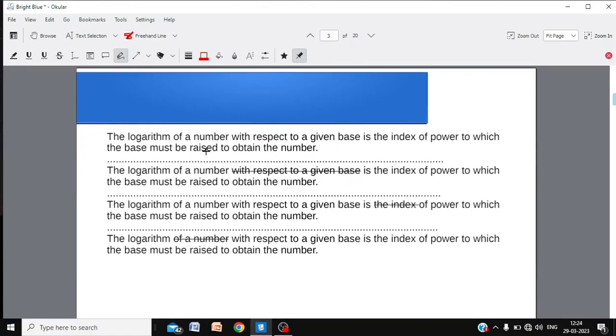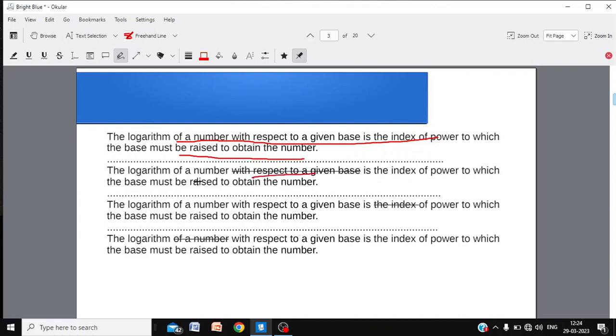For instance, we have given here one example. The logarithm of a number with respect to a given base is the index of power to which the base must be raised to obtain the number. This is absolutely meaningless for a beginner. Even for an intelligent child, it's meaningless, and for a mediocre student, it's absolutely rubbish. Now, probably you can omit this "with respect to a given base."